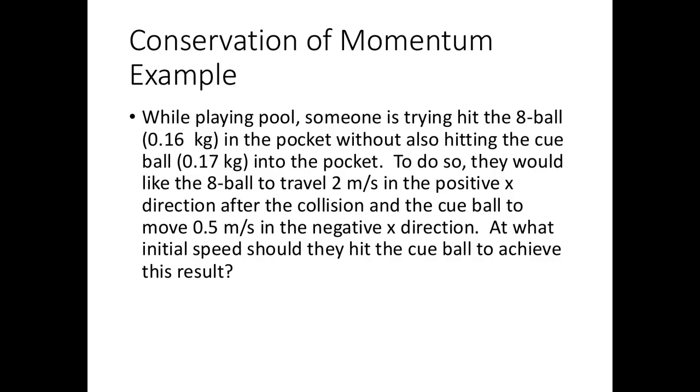After the collision, we don't want the cue ball to end up in the pocket, or else that's a scratch and you lose the game. So we want the cue ball to move in the opposite direction after it collides with the 8-ball. What speed do we need to hit the cue ball in order for this situation to occur?